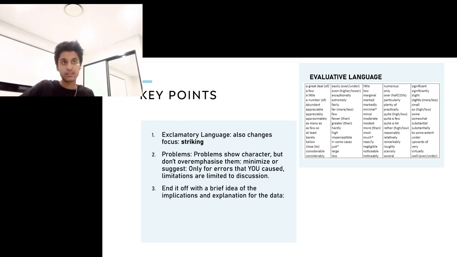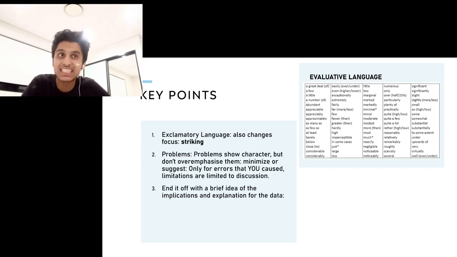Okay, you want to use exclamatory language because this also changes the perception that your reader has. Because you're not going to be able to use exclamation marks or onomatopoeia like they do in narrative stories, but you need to show, oh look, this is extremely important. And so you want to use exclamatory language. Like, let's say there was a change at 9 a.m. in temperature.